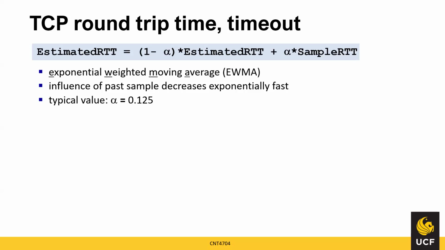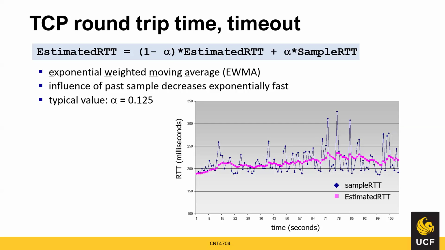And the graph below shows how this was plotted in practice. It plots both the sample RTT and the estimated RTT measured between a host at the University of Massachusetts and a host located in France.